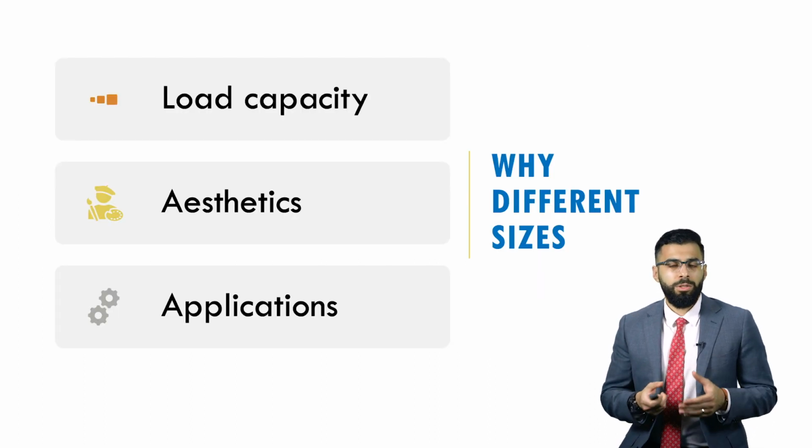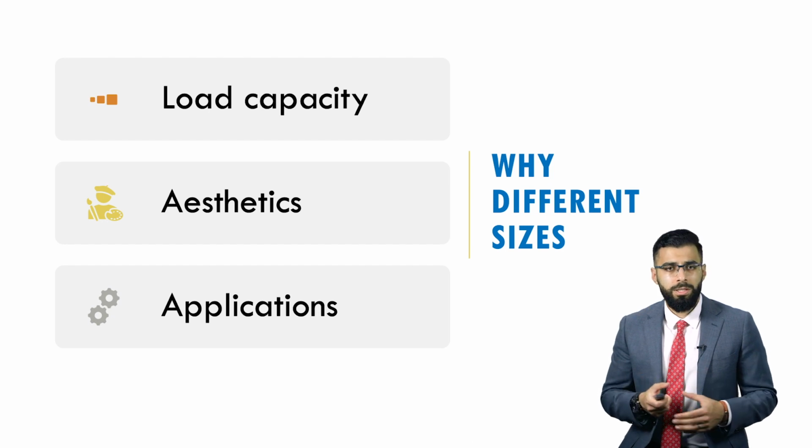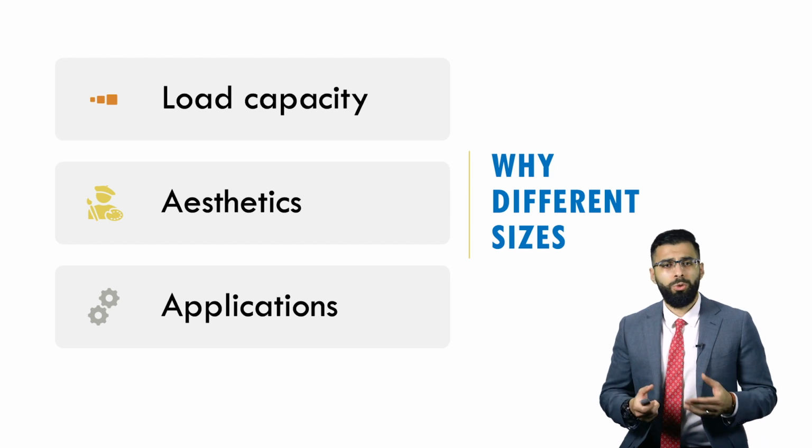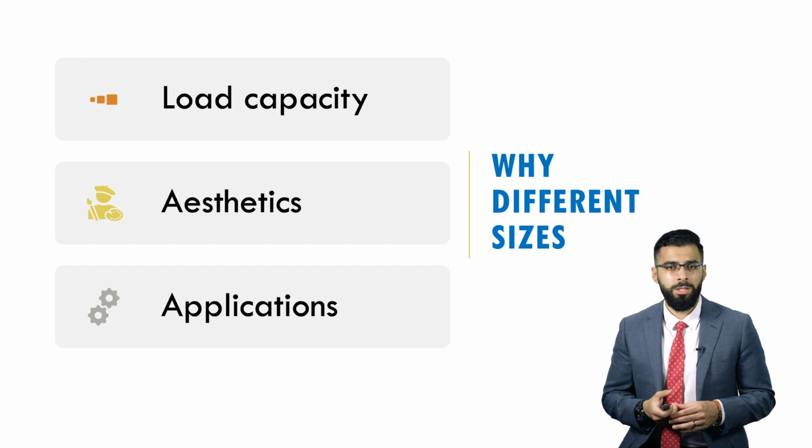So these different types come in different sizes, and the reason you get different sizes is because, number one, your requirements in terms of load capacity of the actual unit. Number two, for aesthetic reasons, so if you're trying to construct a structure with particular features, you might need units or blocks of a specific size.